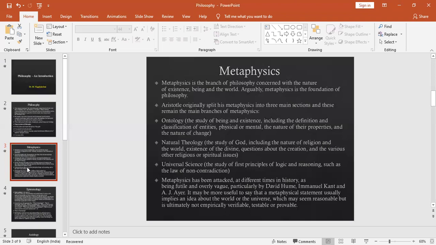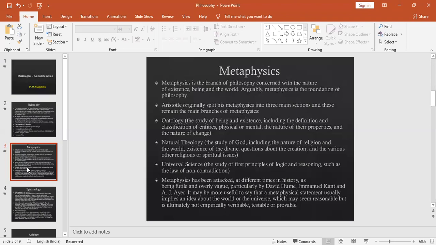Who has done these splits? Aristotle himself. Okay, so what is ontology? The study of being or existence. And what is theology? The study of God, or the existence of the divine. And what is universal science? That is the study of logic and reasoning.